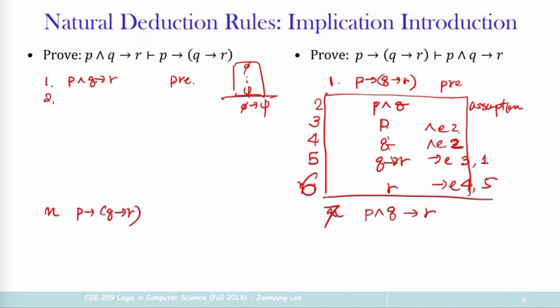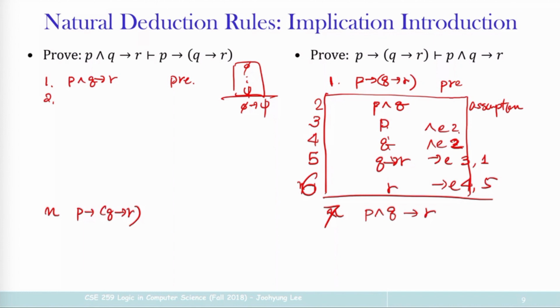My other question is, how do you know what the assumption is going to be, what to assume? Oh, that's a good question. You can use any assumption that you want. It is your assumption. The problem is you have to discharge the assumption at some point. For instance, I used P and Q there in line 2. I could have written any other assumption too, R or P implies R or whatever.